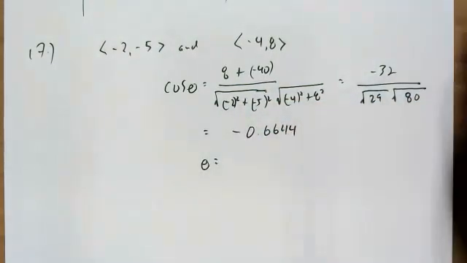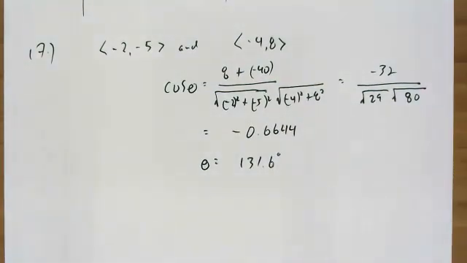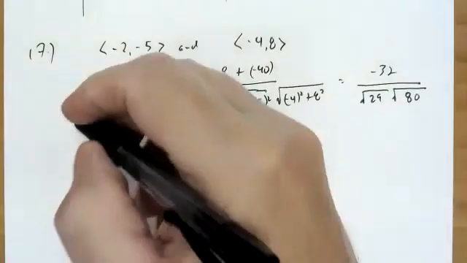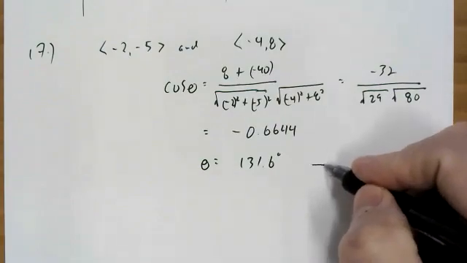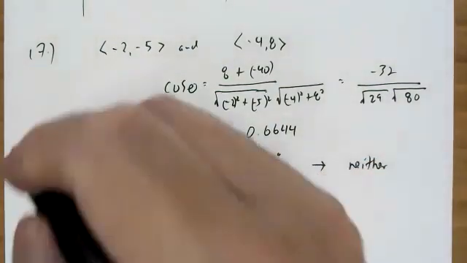So then I take the inverse cosine to get the angle, 131.6 degrees. So in terms of the answer, it would be a neither, which means just an angle.